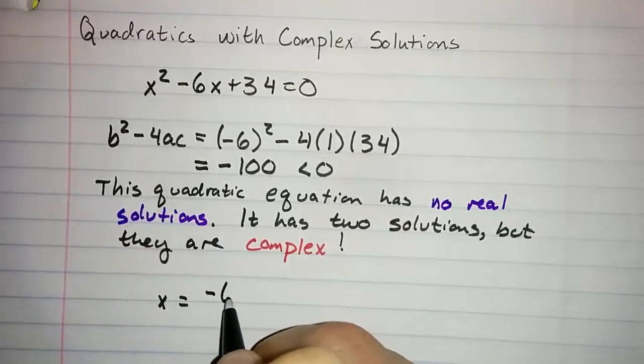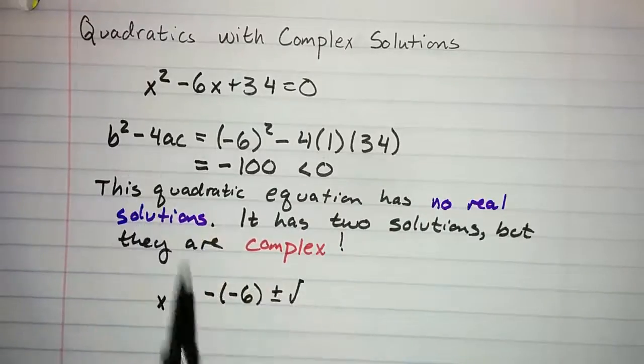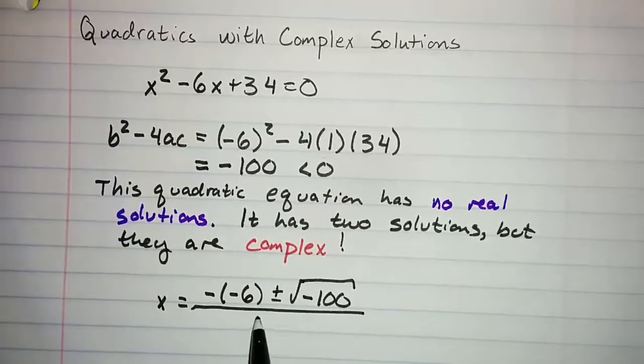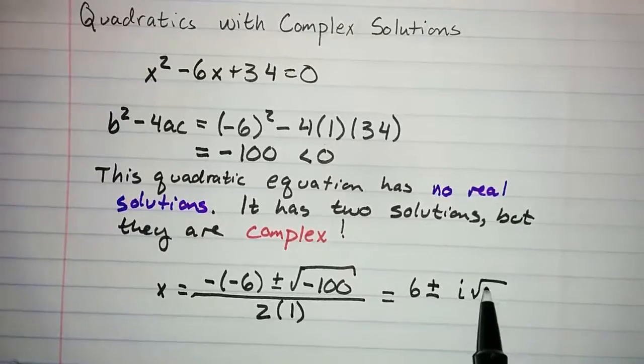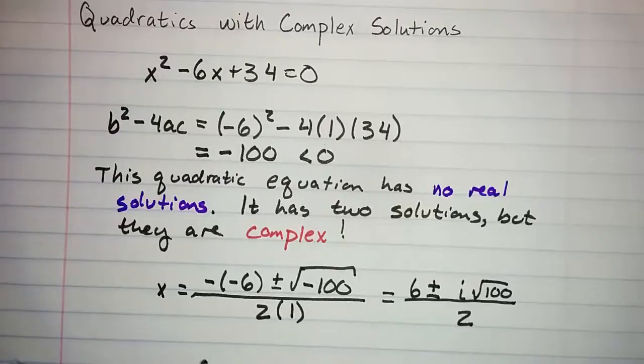x equals negative b plus or minus, well, we already worked out this is -100, all over 2a. So we'll have 6 plus or minus i root 100 over 2. 100's a perfect square, so this will be 6 plus or minus 10i over 2.